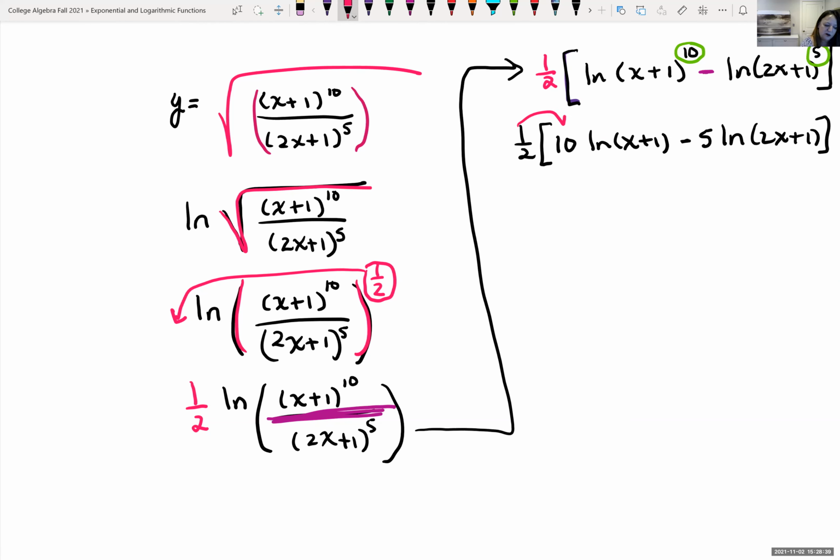We can distribute our 1/2 to each term. So 1/2 times 10 natural log of x plus 1, well, 2 goes into 10 5 times, and so we're left with 5 natural log of x plus 1. 1/2 times 5, so minus 5/2 natural log of 2x plus 1.